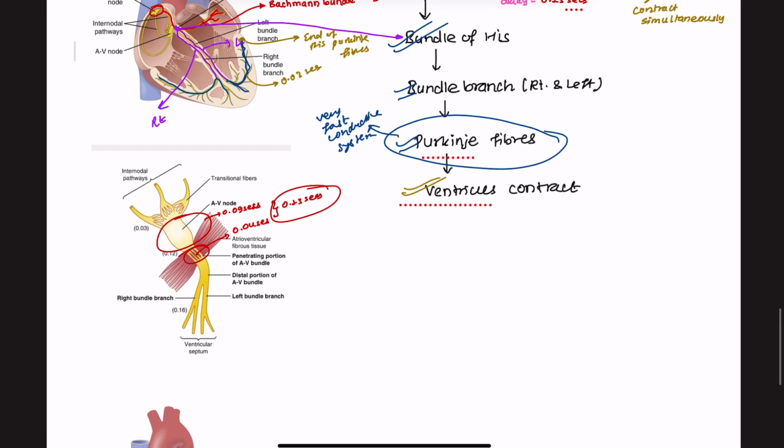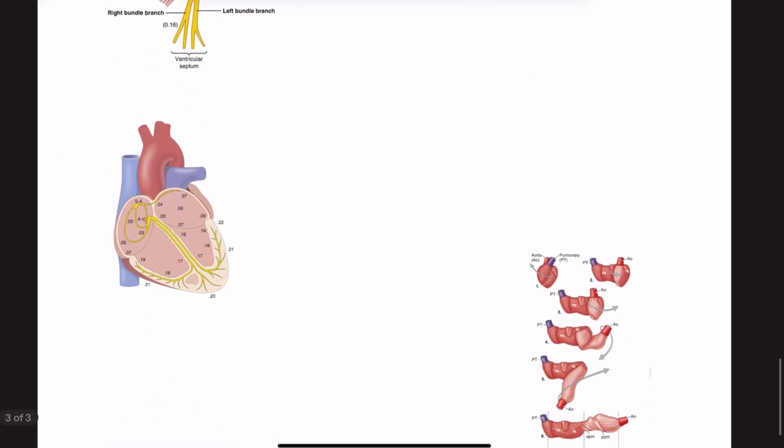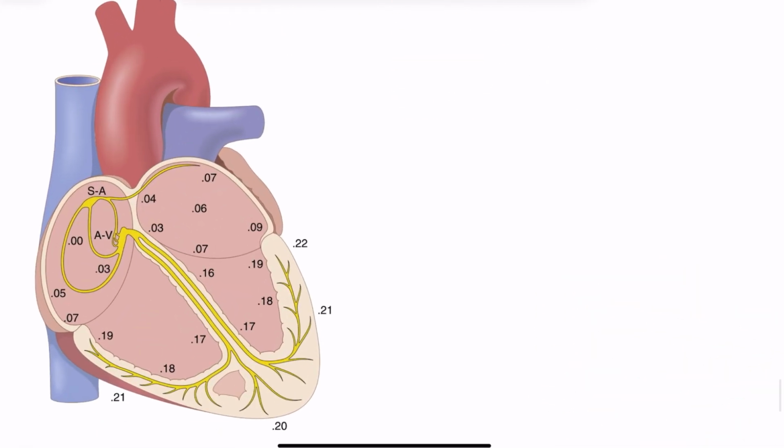Let's understand this timing from this graph. As I've already said, from the SA node to the AV node it will take around 0.03 seconds, and there occurs a delay of around 0.13 seconds in the AV node.